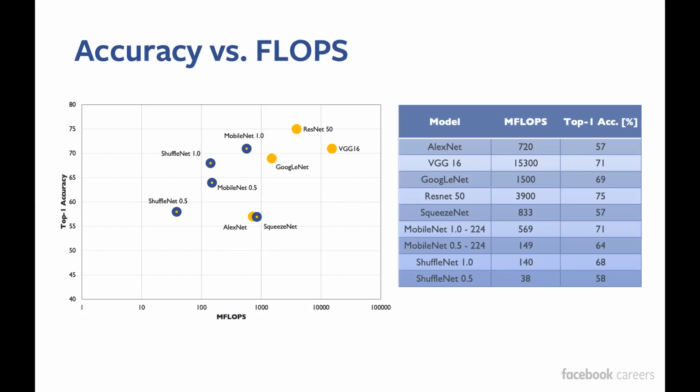shown here is a graph of all the pretty popular networks that have been released. On the top is AlexNet, which was one of the first models that revolutionized deep learning. It was published in 2012 and became the ImageNet benchmark or reference that people would cite.